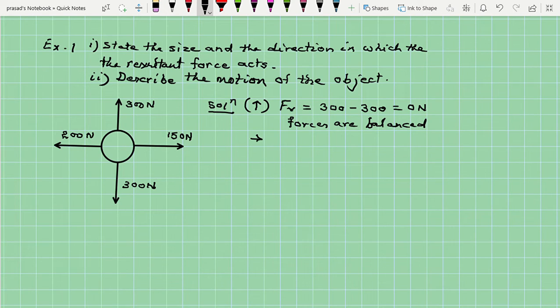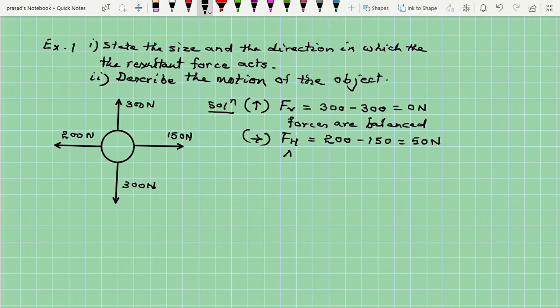Now horizontal direction. In horizontal direction, 200 Newton that is acting towards left is larger in size. So I will take it as positive. So 150 Newton that is acting towards right is negative. So 50 Newton, and hence horizontally forces are not balanced.